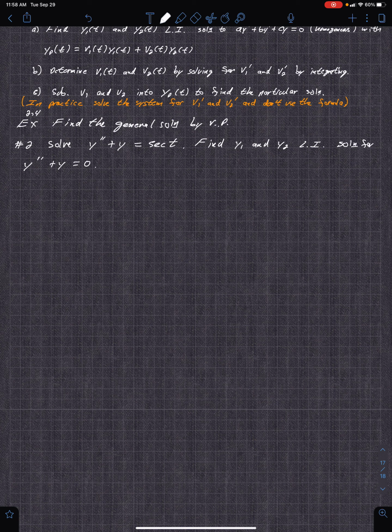Now, from 4.3, we know that the solutions are y1 is equal to cosine t and y2 is equal to sine t, and of course linearly independent.